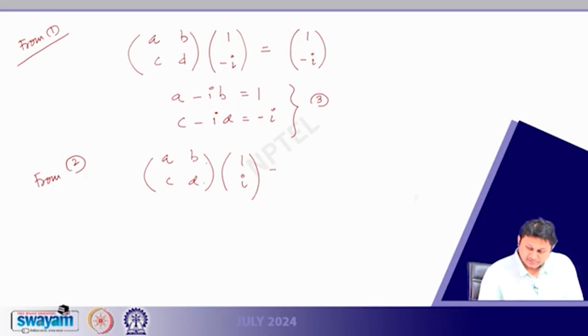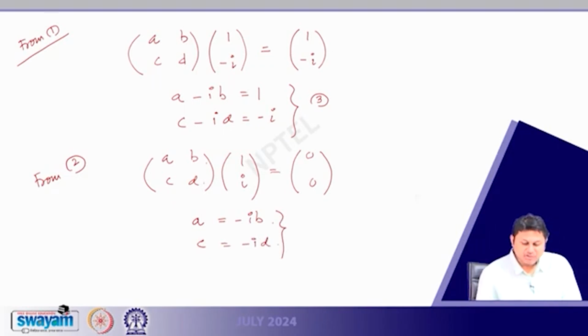That means the output is 0, 0, because that light will not be allowed by this polarizer. So, I get another set of equations: A is equal to minus iB and C is equal to minus iD.